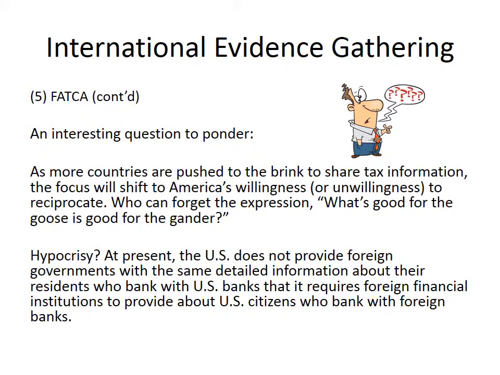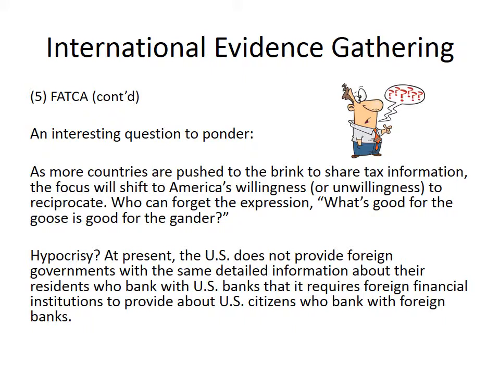Is this hypocrisy? Well, at present, the U.S. does not provide foreign governments with the same detailed information about their residents who bank with U.S. banks that it requires foreign financial institutions to provide about U.S. citizens who bank with foreign banks.